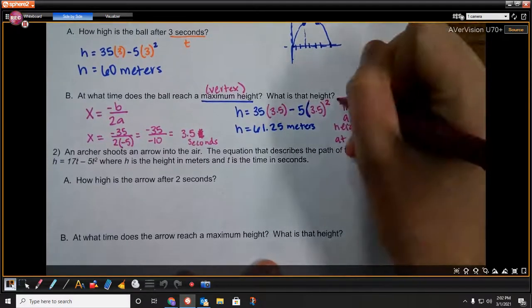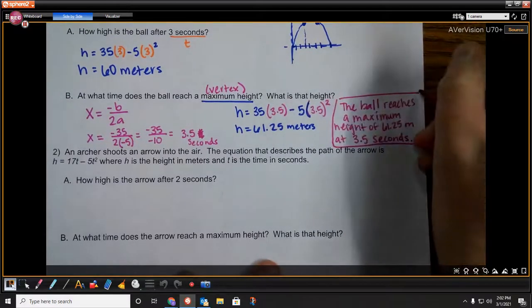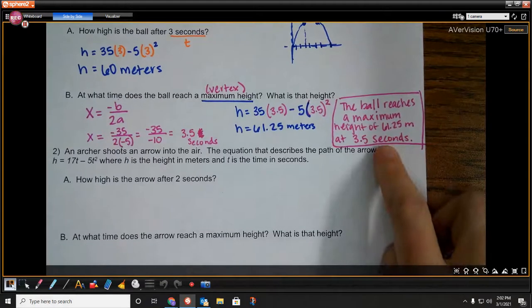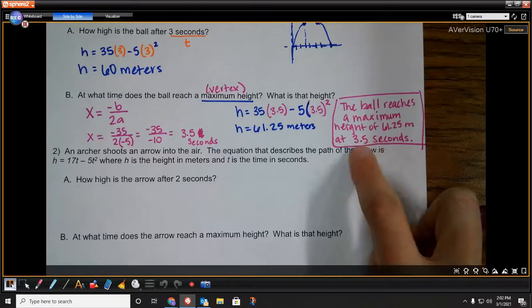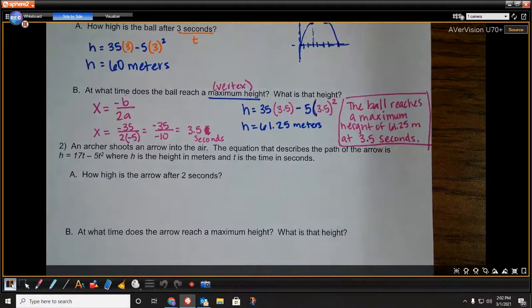So that is the way that we can give this answer. The ball reaches the maximum height of 61.25 meters at 3.5 seconds. All right.